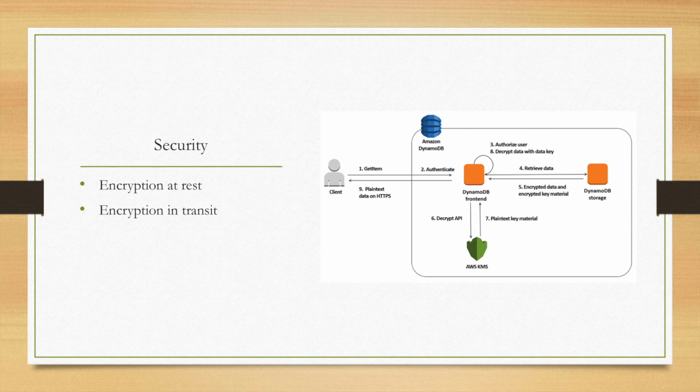This ensures that the data in DynamoDB cannot be read or decrypted without that key. The other is encryption in transit. In this diagram, we use HTTPS to ensure that the transmission is secure.